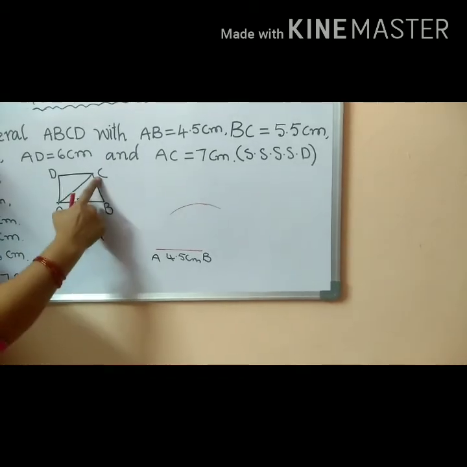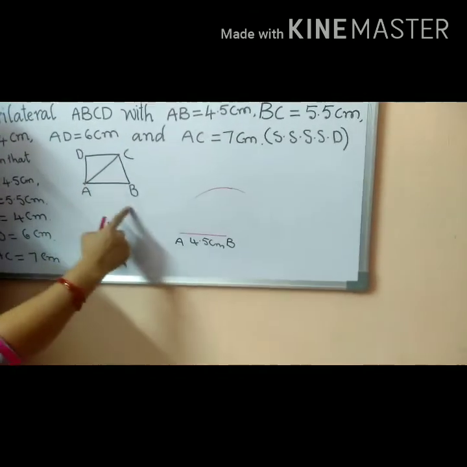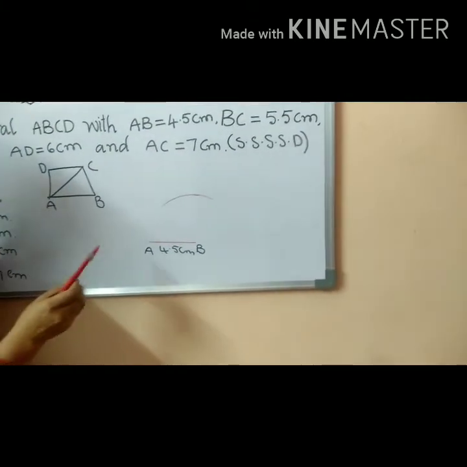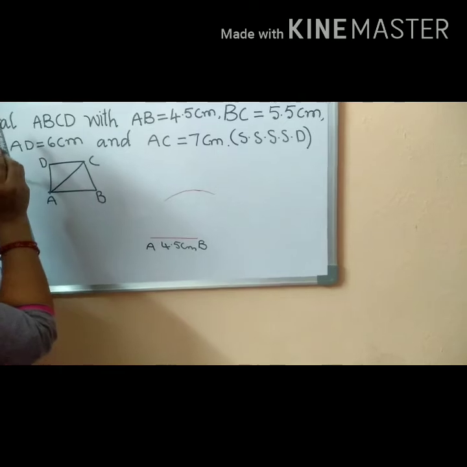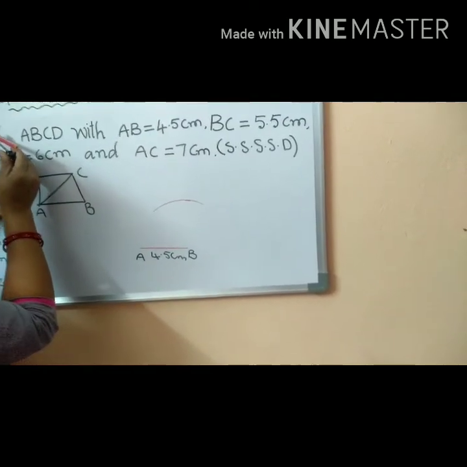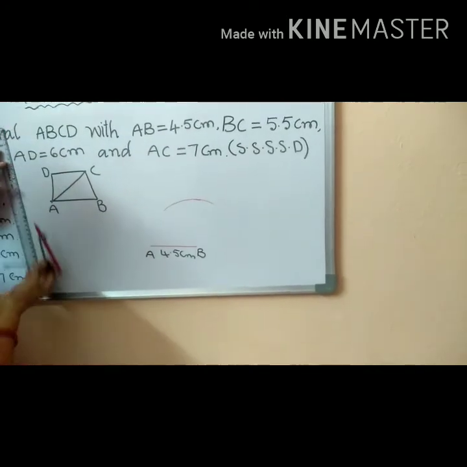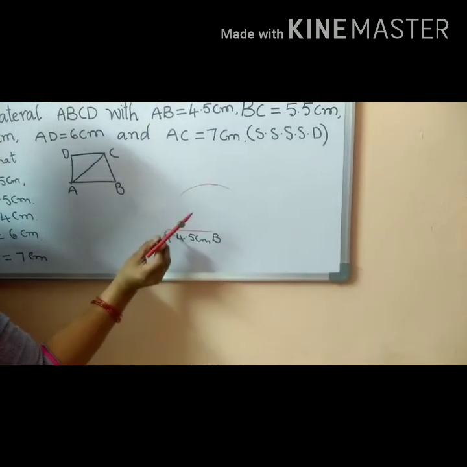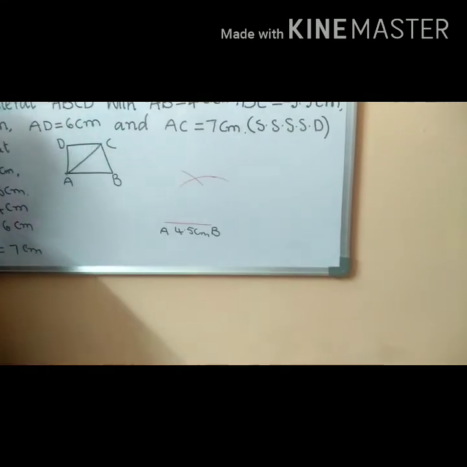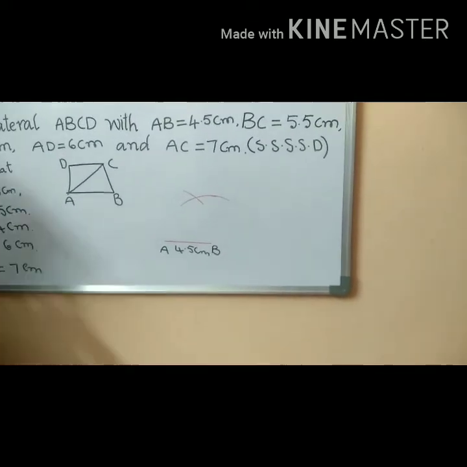First you draw triangle ABC. Here AC equal to 7 centimeters. Then you have to take the 7 centimeters with the scale, and with center of A draw one arc that intersects the other arc.